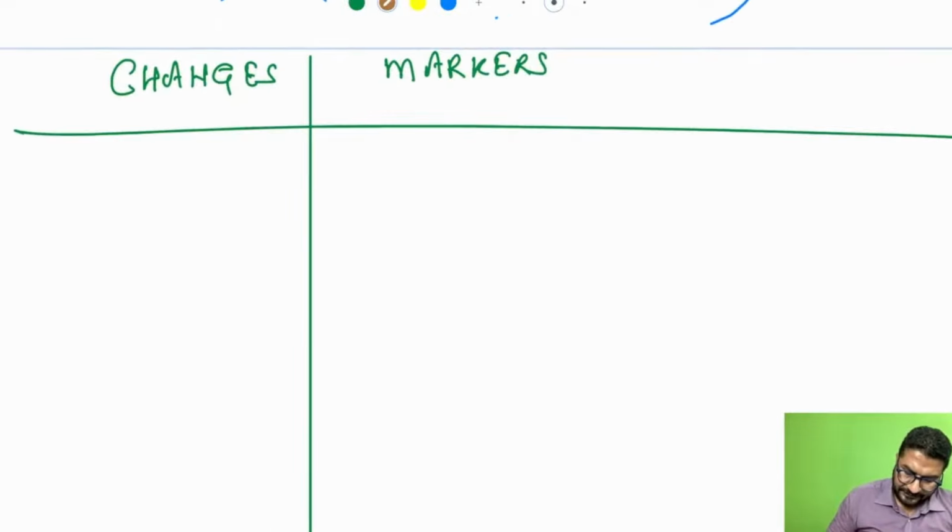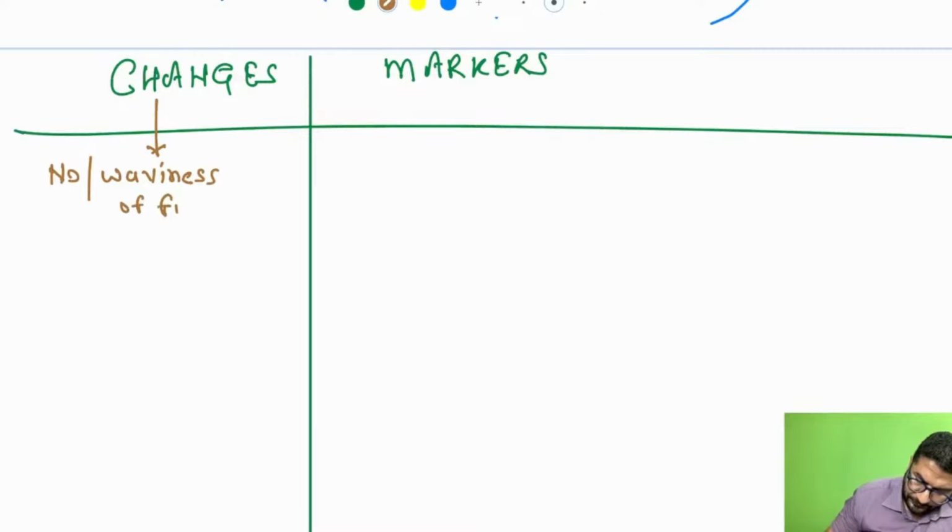Suppose anybody has MI, either you will see no change or waviness of fiber. Then there will be coagulative necrosis.